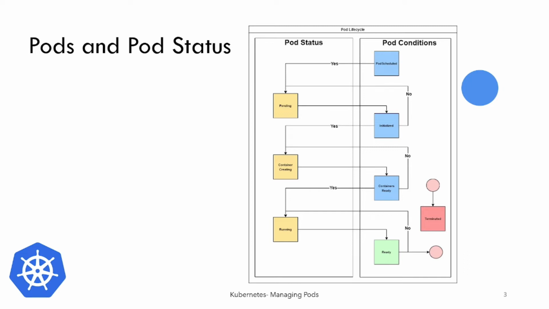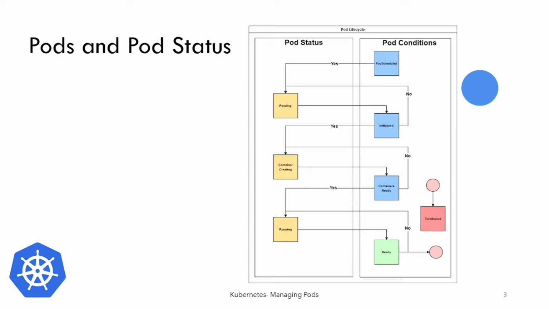For example, if you have a web application which sits in one container in a pod, and there's a supporting logging application required to log any activities happening in the web application, you can have that logging container in the same pod where your web application container is.